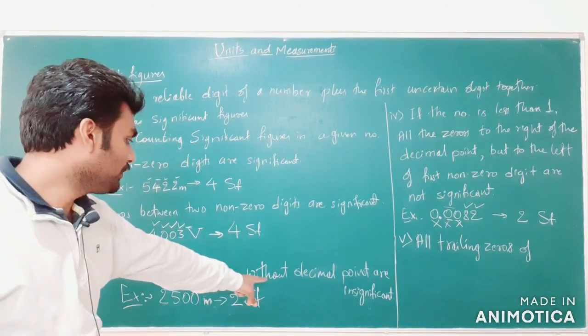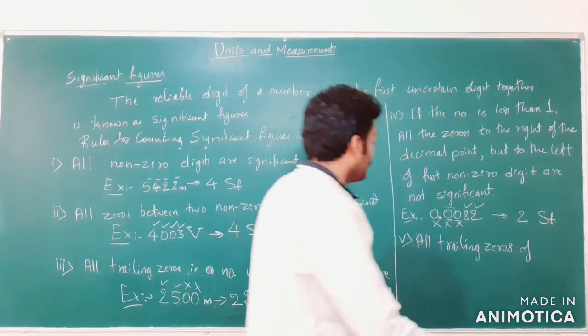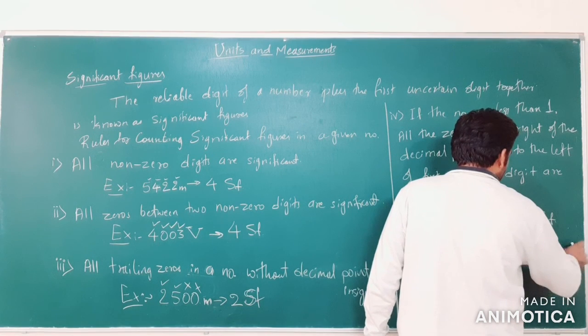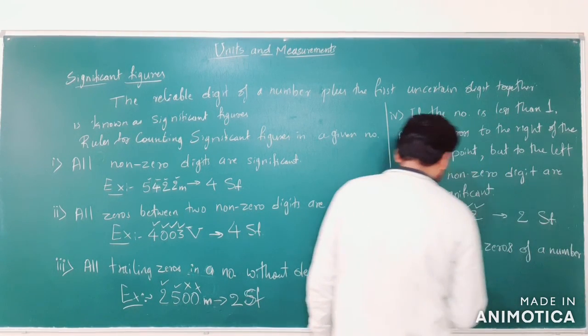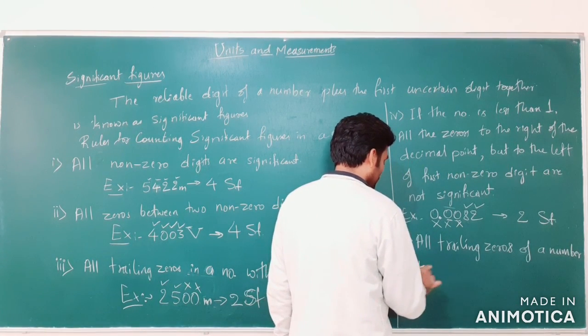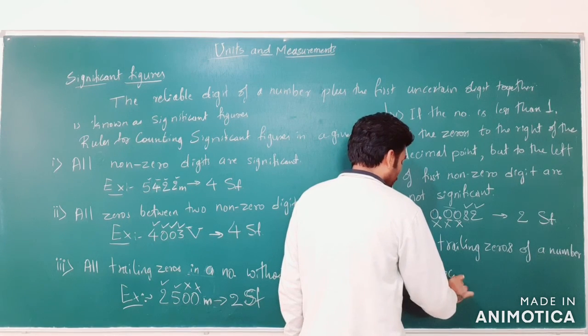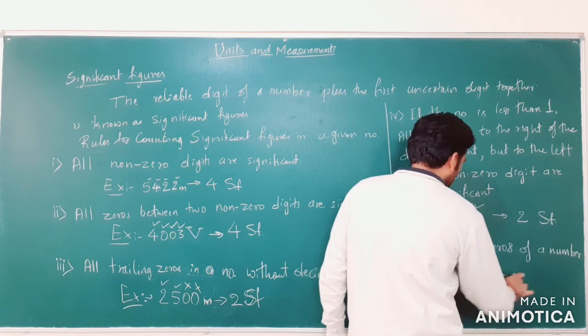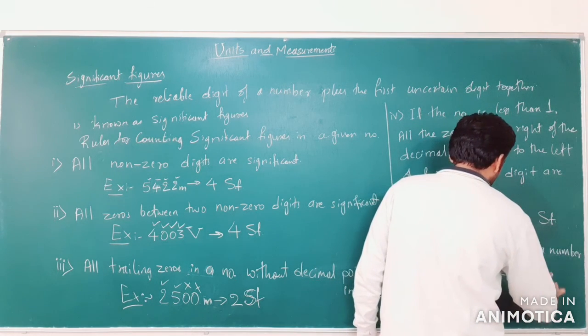Here it was without a decimal point, and now it is about a number with a decimal point. All trailing zeros of a number with a decimal point are significant.